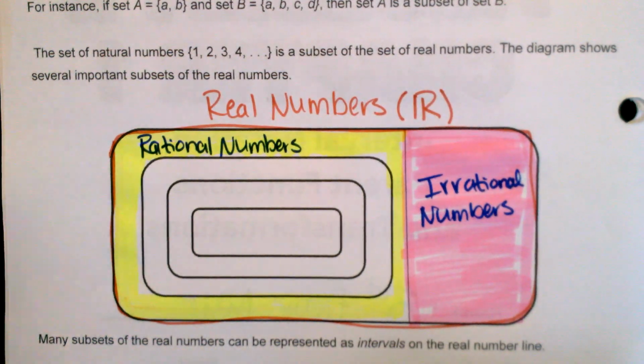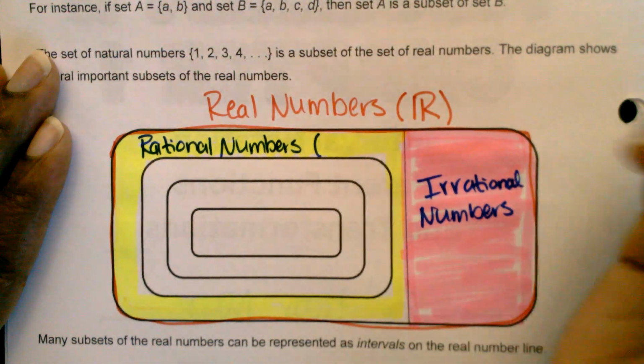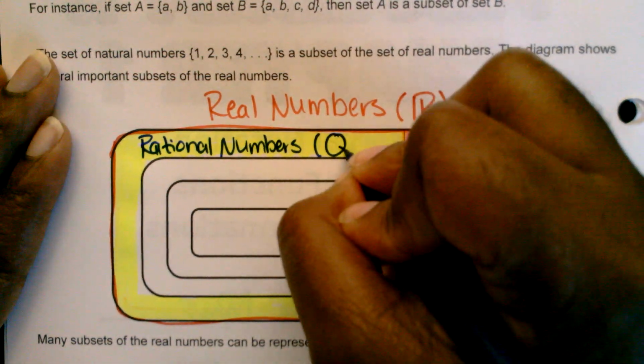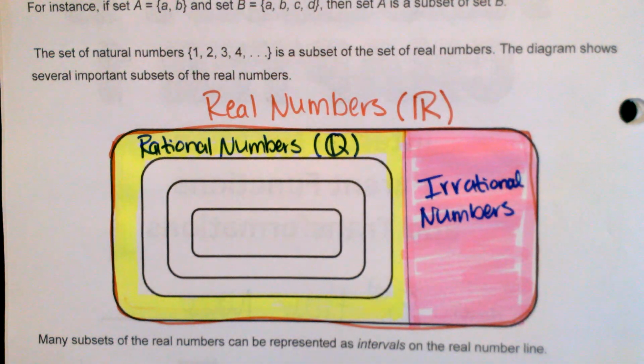And the symbol for rational numbers looks like a Q with a double line. Okay, so real numbers, I split it into rational numbers on one side, irrational numbers on the other side.